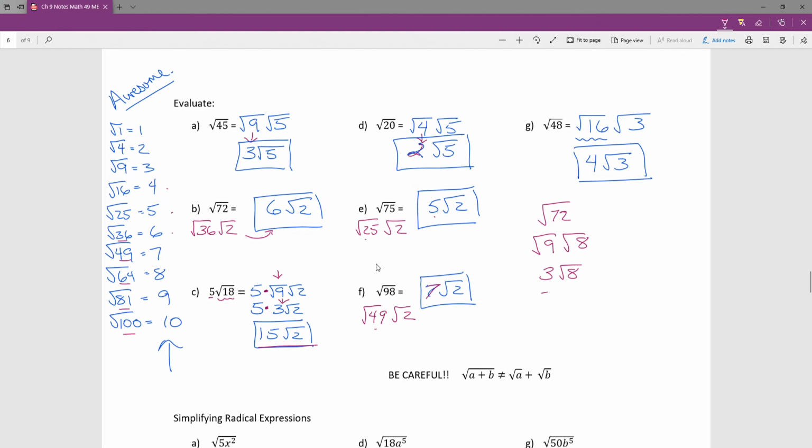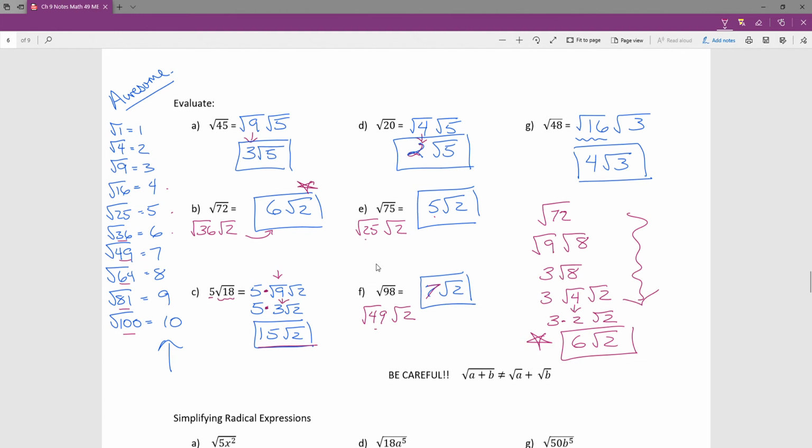And here I could divide it up into root 4 and root 2. And then I can take the square root of 4, so I'd have 3 times 2 root 2, or 6 root 2, which is exactly the same answer as I got over here in one step. So sometimes it takes multiple steps, but you can take it little by little and get to that same answer. So it's kind of similar to simplifying fractions that way.